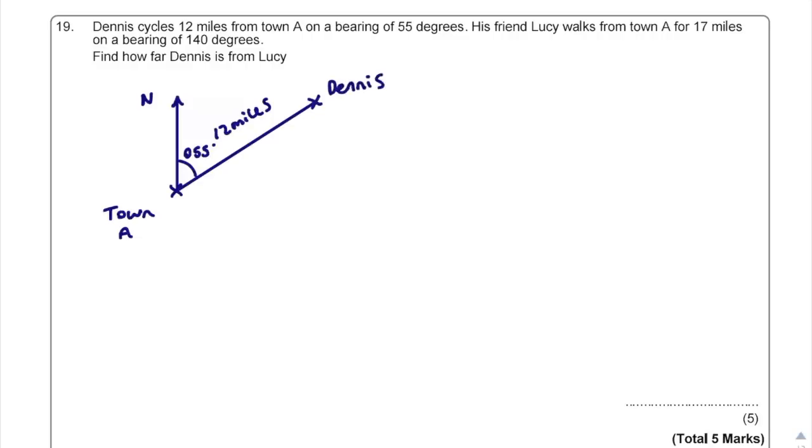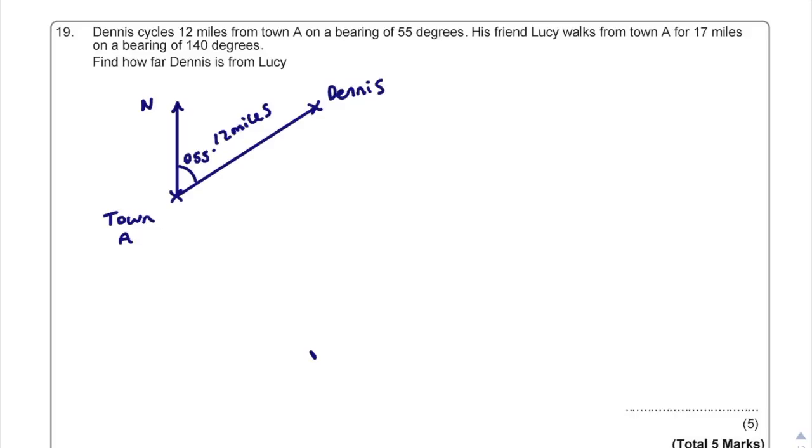Now, his friend Lucy walks from town A for 17 miles on a bearing of 140 degrees. So if we measure an angle of 140 degrees from the north line, that's going to be down here. And then if I draw a straight line acting in that direction for 17 miles, then I can say this is 17 miles.